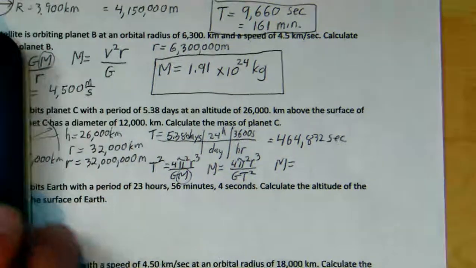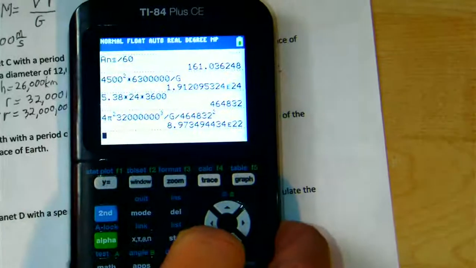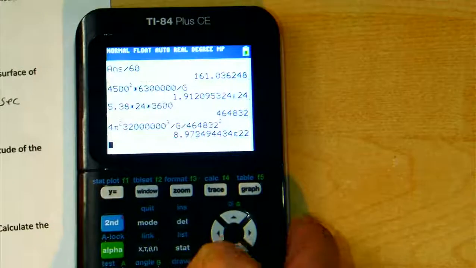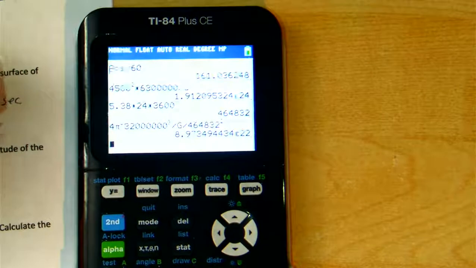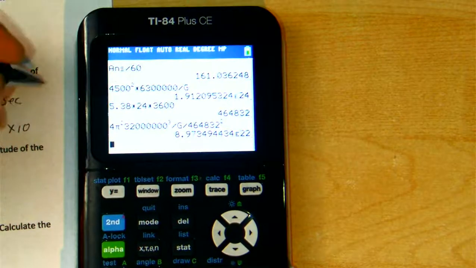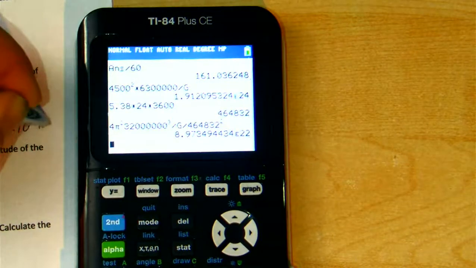Enter. And the result is 8.97 times 10 to the 22nd power kilograms.